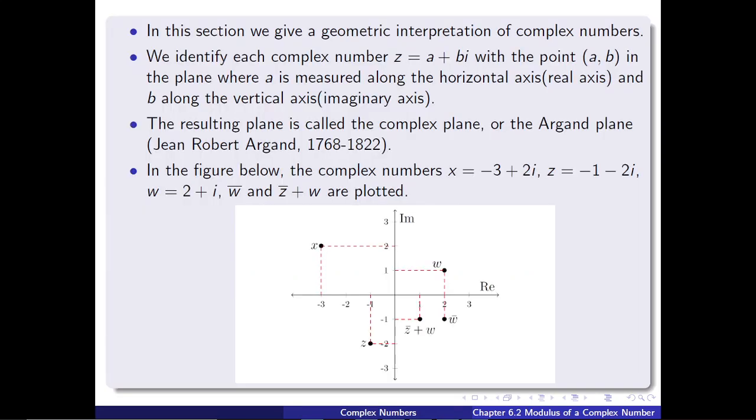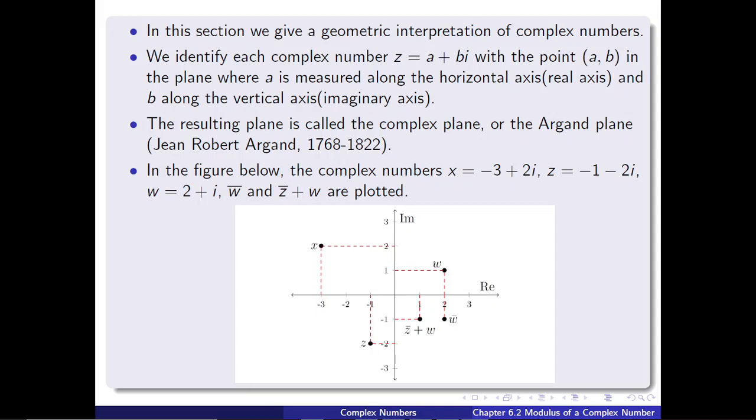In this section we will give a geometric interpretation of complex numbers, and we are going to identify each complex number z, which is equal to a plus bi, with the point (a, b) in the plane, where a is the measure along the horizontal axis, which is called the real axis, and b along the vertical axis, which is called the imaginary axis. The resulting plane is the complex plane, or the Argand plane.